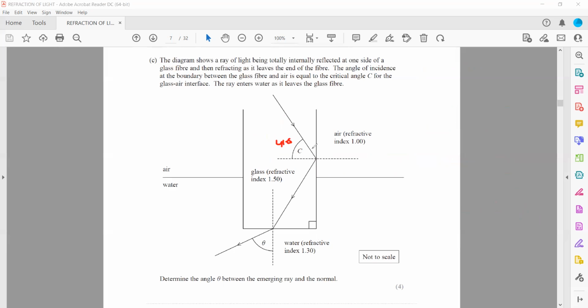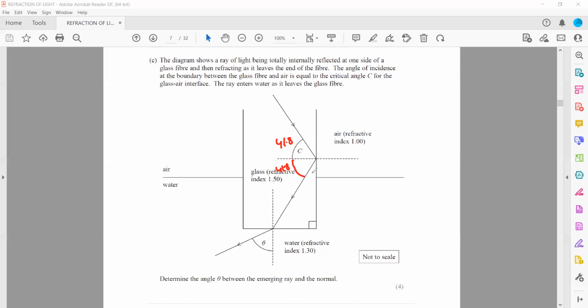These two angles will be the same: if this is A, this will also be A, as there is a reflection. So we work out the critical angle, which is 41.8, and because the light is reflected here, this angle is also 41.8.